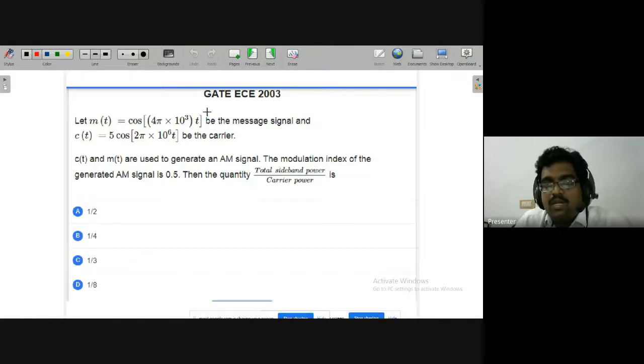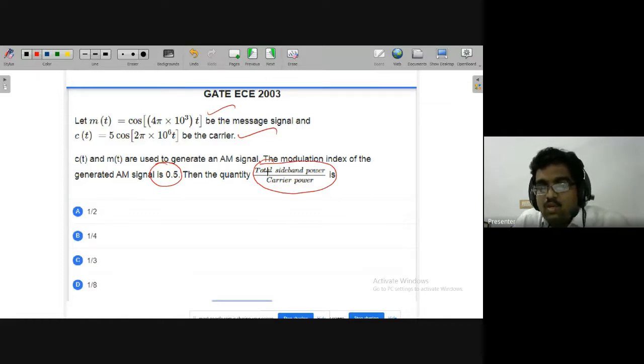This is related to the superheterodyne receiver, which we have covered. They gave the message signal and the carrier signal, and also the modulation index as 0.5. You want to calculate this quantity, so you should know the formula. This is the AM system. What is the total sideband power? Pc mu square by 2.